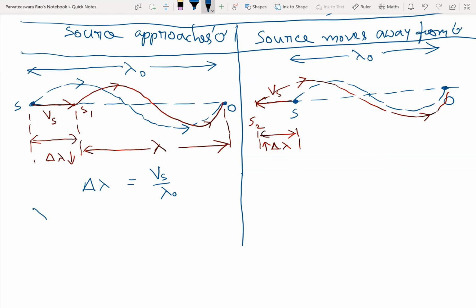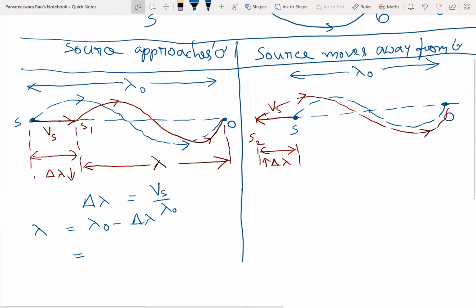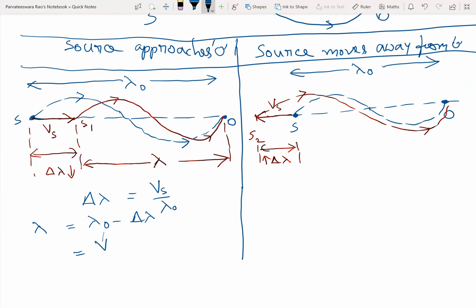Now, the wavelength will become lambda naught minus delta lambda. So lambda naught, we wrote it as V by nu naught. Sorry, it should be wavelength is speed by frequency. So delta lambda is equal to Vs by nu naught. So lambda naught is V by nu naught minus delta lambda is Vs by nu naught.